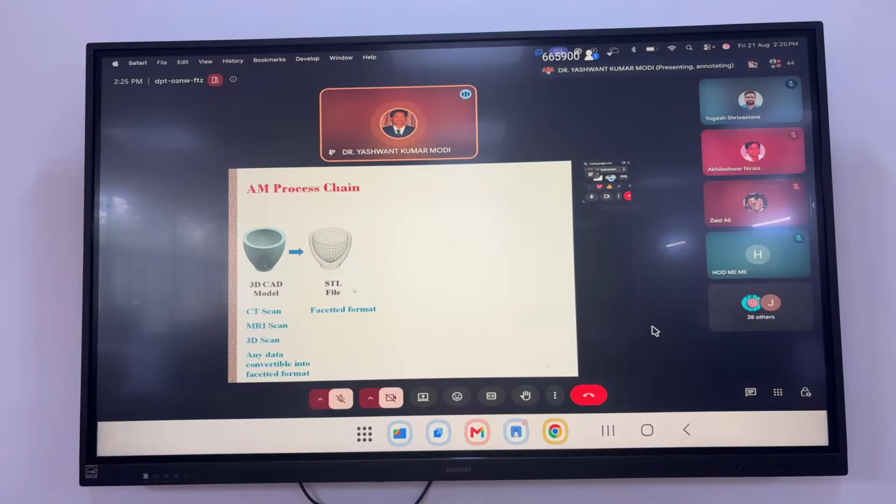That CAD model can be created using any software like SolidWorks or ProE or AutoCAD, etc. Or even CT scan data or MRI scan data can be used to create a CAD model. These MRI scan data and 3D scan data are very important as far as the medical and biomedical area is concerned.